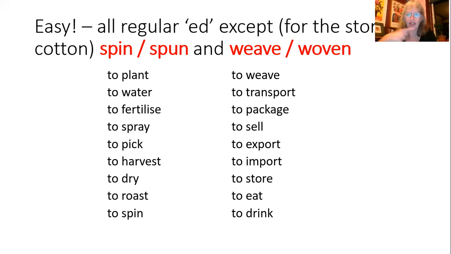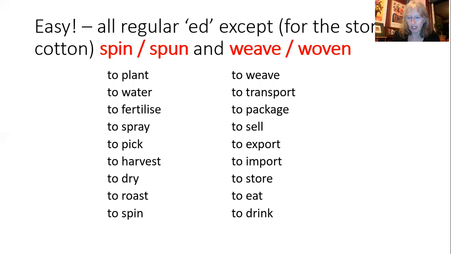So you spin the cotton round, round, round on a spinning wheel, past participle spun, and you can weave the cotton, weaving up and down over material, and you get woven material from that. All the others are regular.